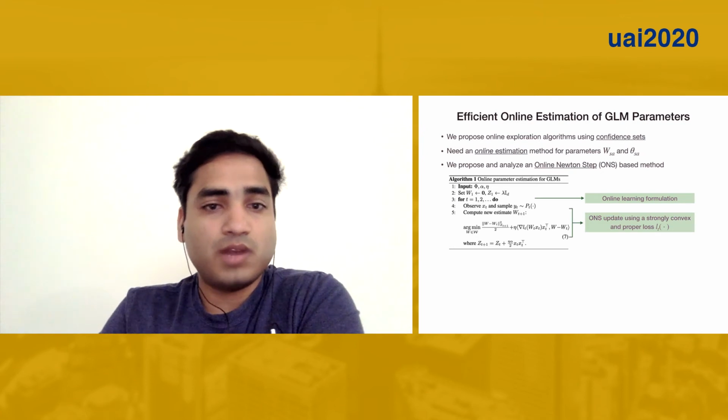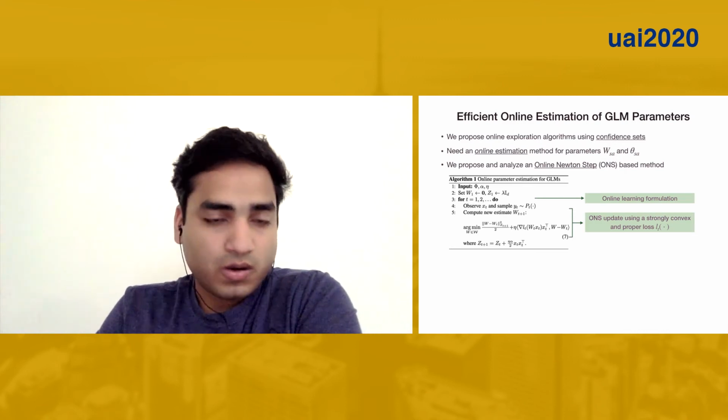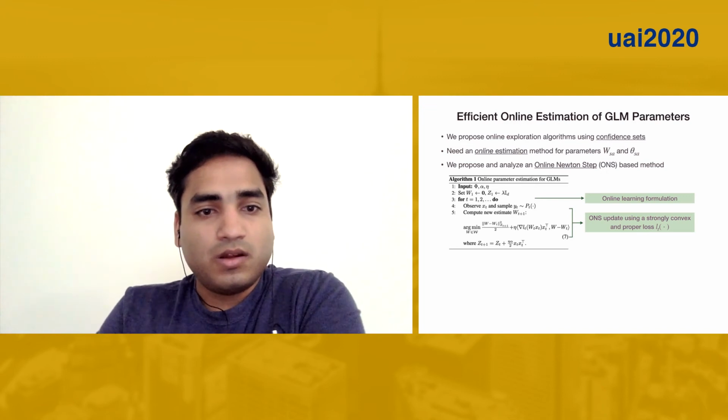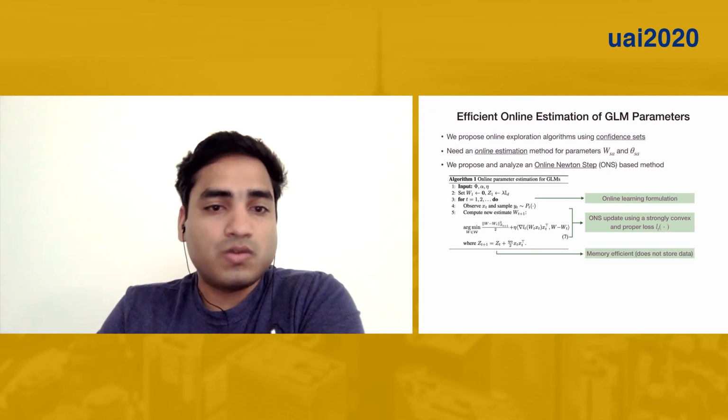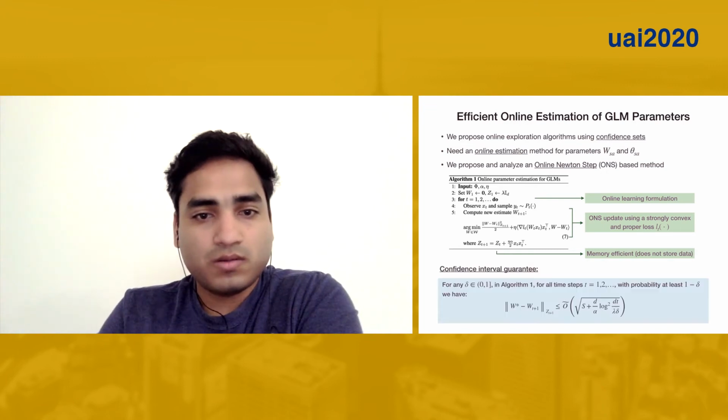Using this, it updates the parameters w_t by taking an online Newton step update and uses a strongly convex and proper loss L_t derived from the link function. Note that here it only stores the covariance matrix of context and therefore is also memory efficient.